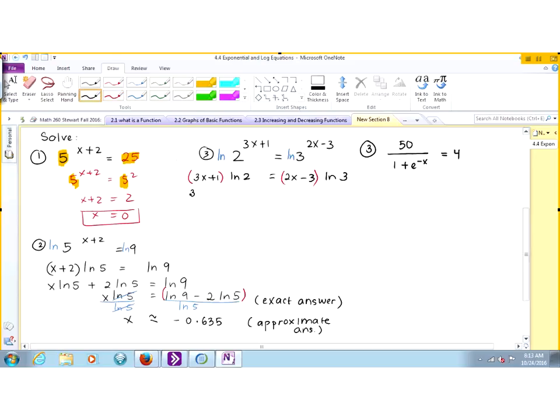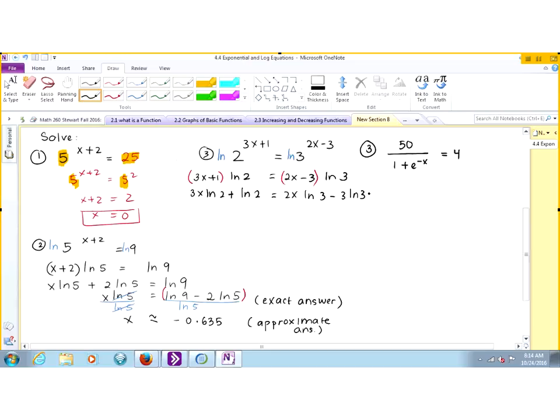How do I remove my parentheses? Distribute, so 3x ln 2 plus ln 2, 1 ln 2 is ln 2, so we will not write it as 1 ln 2, equals 2x ln 3 minus 3 ln 3, right?